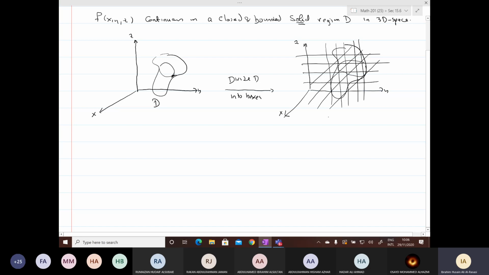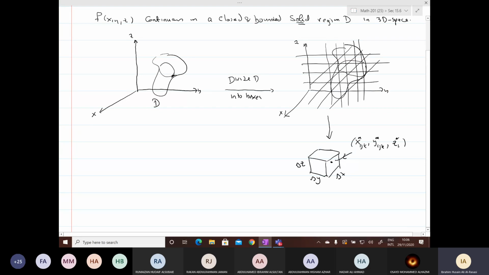You take a typical box. So this is delta x, this is delta y, and this is delta z. You take a star point, a typical point: x star, y star, z star, with subscripts i, j, k.